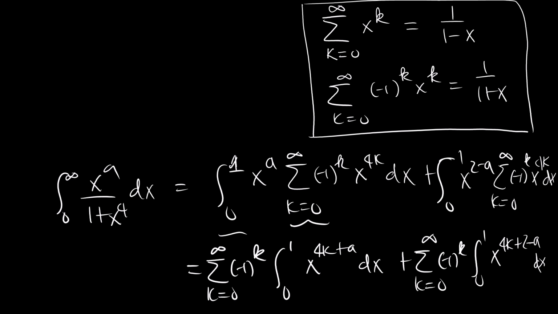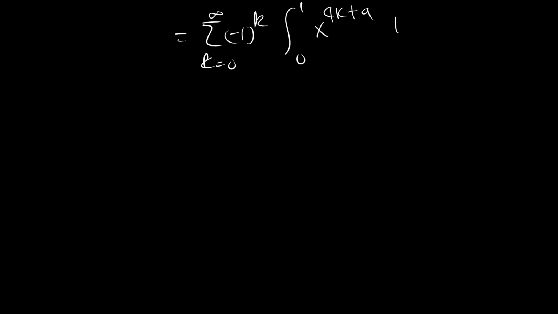And we could even combine things so that our integral is the sum of negative 1 to the k, integral from 0 to 1, of x to the 4k plus a plus x to the 4k plus 2 minus a.